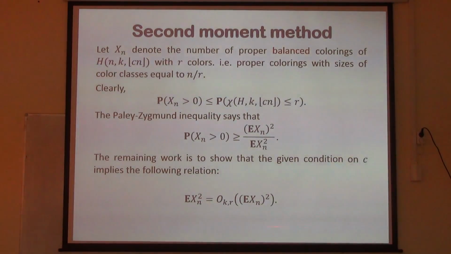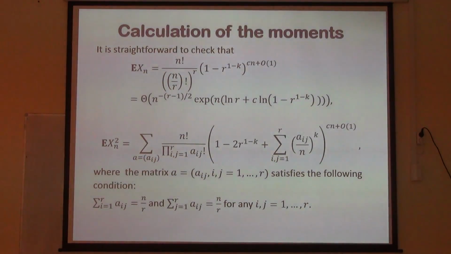All we have to do is to prove this, then this probability will be bounded from 0, and the sharp threshold will tell us that for any smaller constant we have the probability tending to 1. Then you should make some calculations, so it is straightforward to check that the expectation of xn has this order. The second moment can be calculated in the following way.